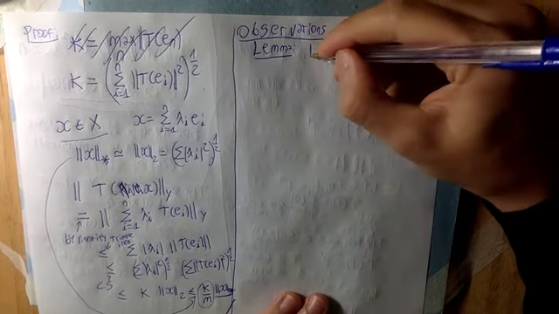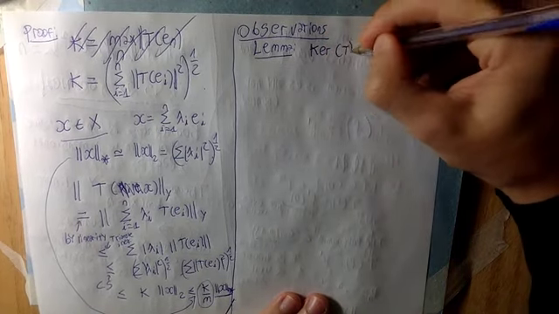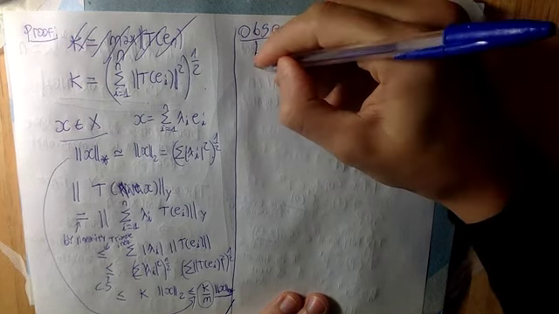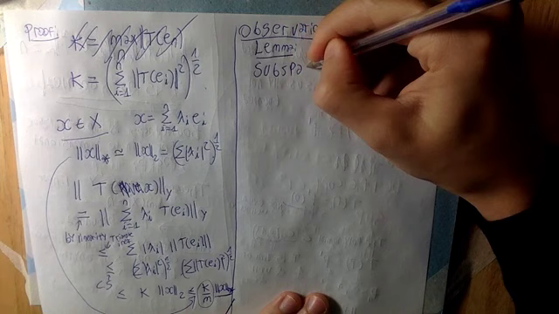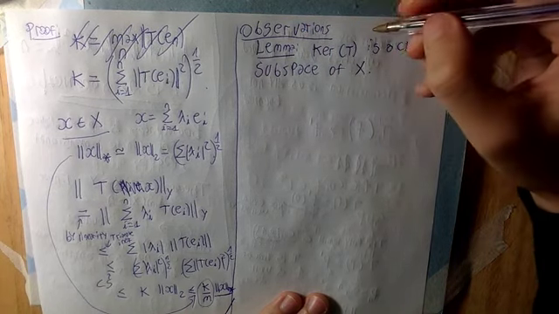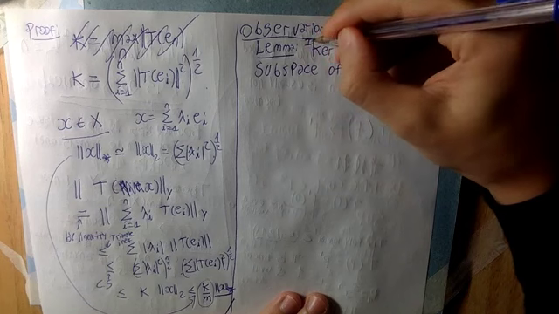So the kernel of T is a closed subspace of X, if T is continuous.